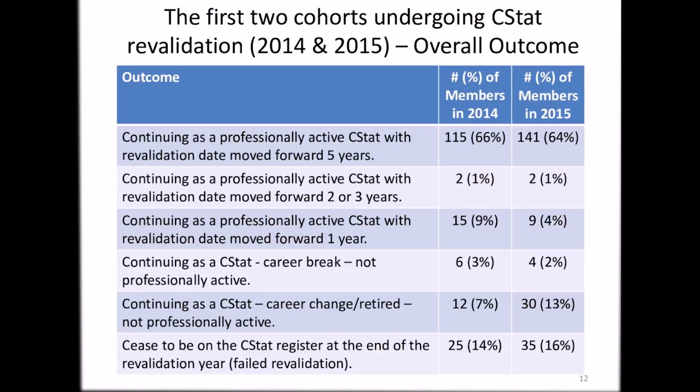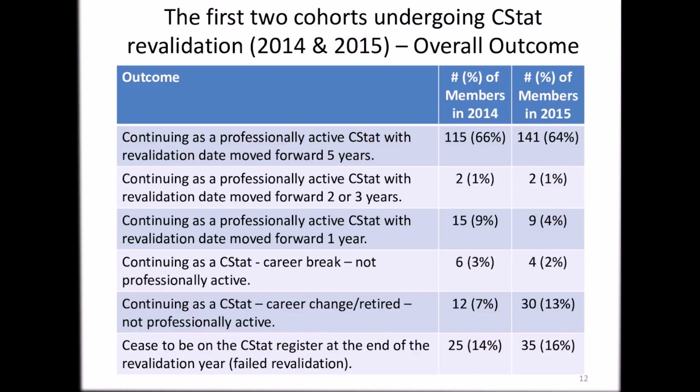The second row indicates that a number partially satisfied the requirements, and the third row indicates the number for whom revalidation was deferred for 1 year due to extenuating circumstances. Thus, the first 3 rows indicate that in 2014, 76% continued as professionally active CStats, and in 2015, 69% continued as professionally active chartered statisticians.